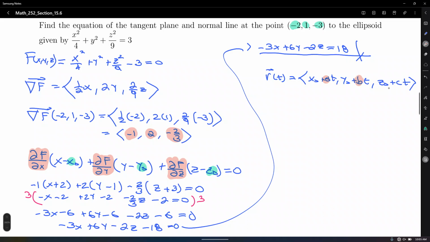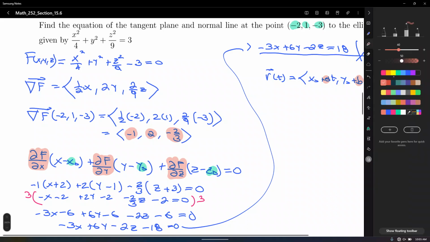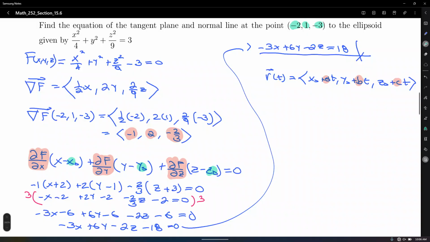A, b, and c are the same components of the gradient vector. And x naught, y naught, z naught, that's simply the point that we are finding the tangent plane and the normal line at. All right? Nothing to calculate, just use the information to write this down.